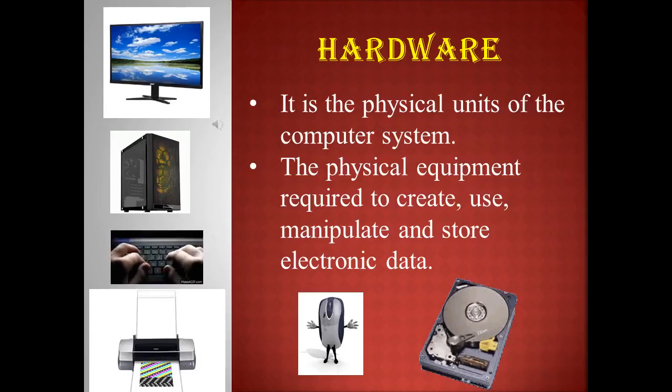Already we know that the physical parts that we are able to see and touch are called hardware. Examples: monitor, CPU, keyboard, mouse, printer, hard disk, etc. The hardware is the physical units of the computer system.